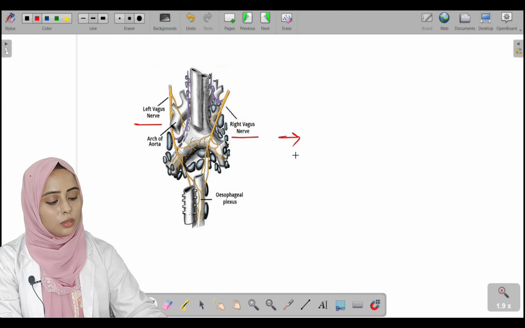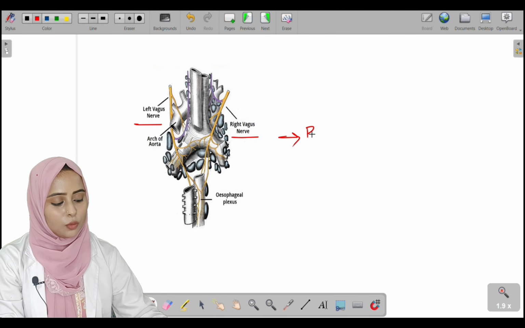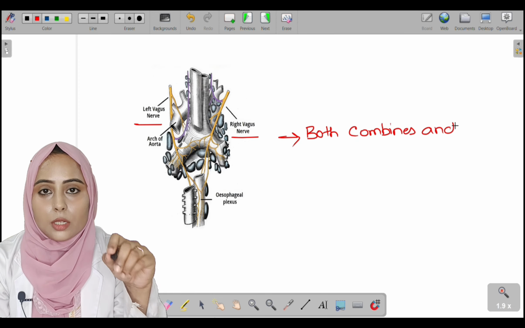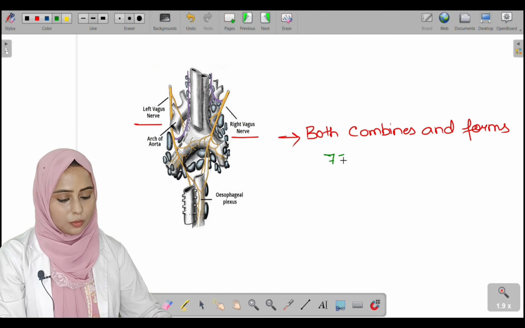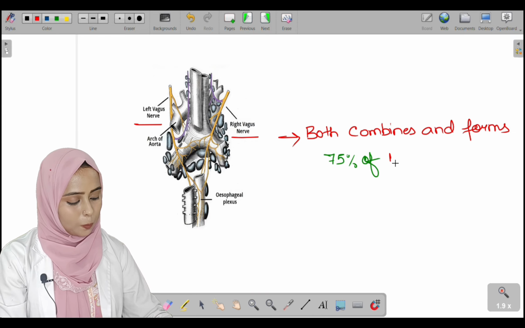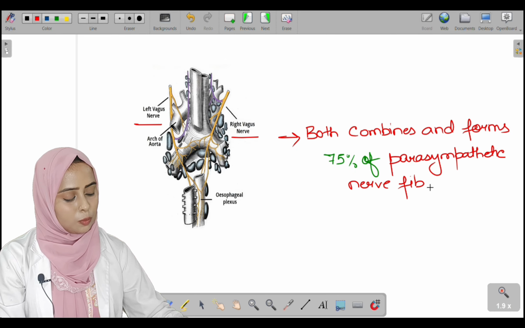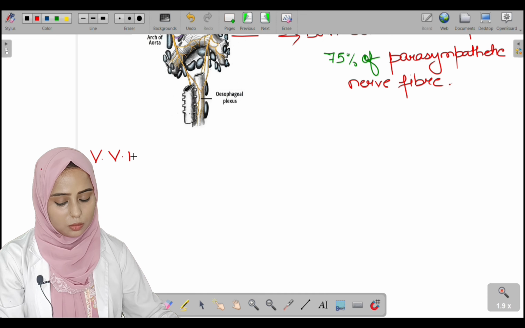Both left and right vagus nerves combine and form 75% of the parasympathetic nerve fiber.